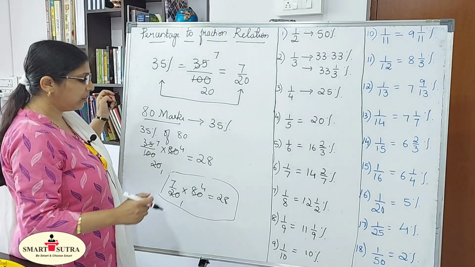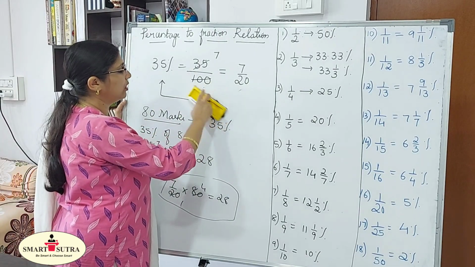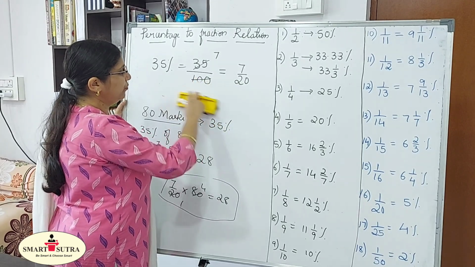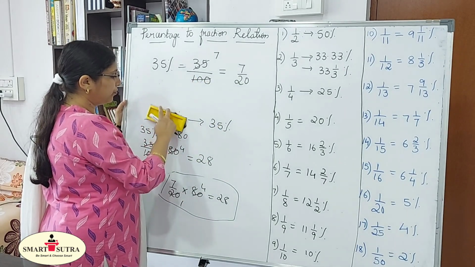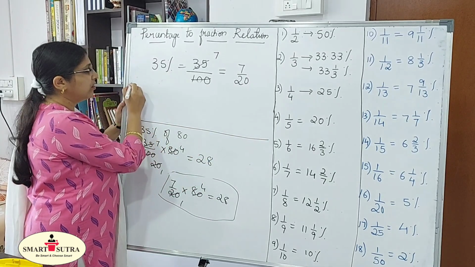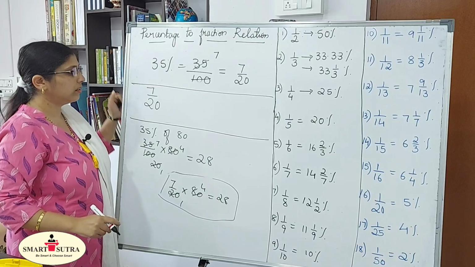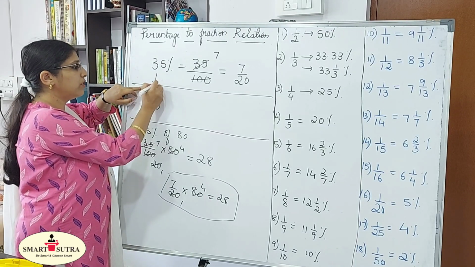I told you 7 by 20 is the fraction for 35%.